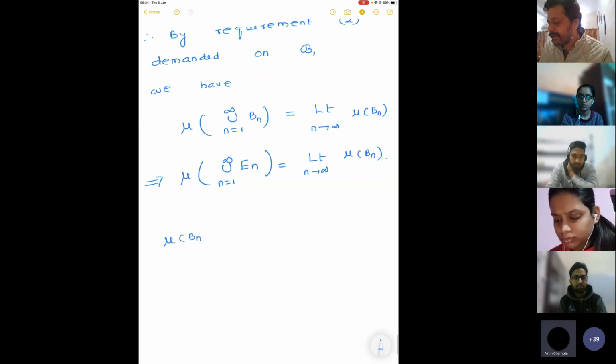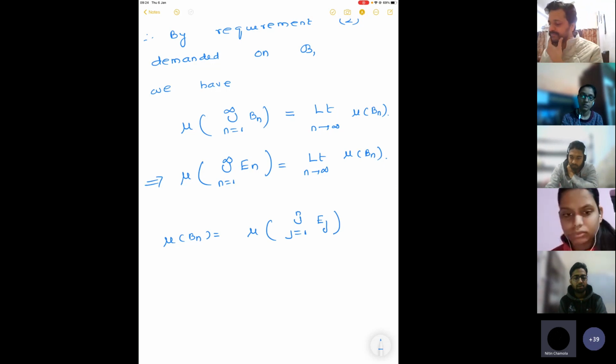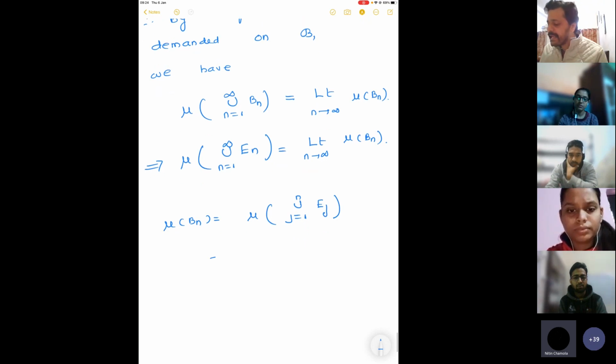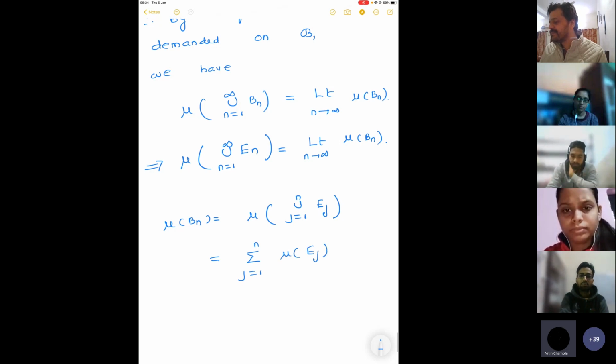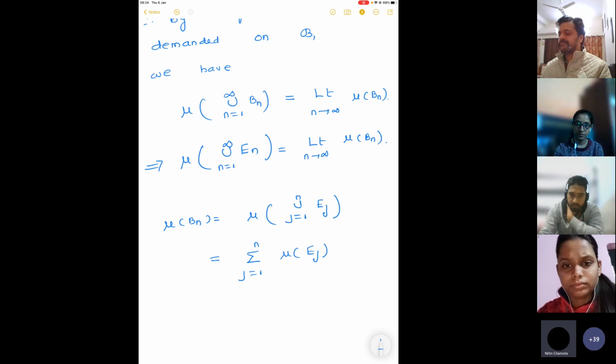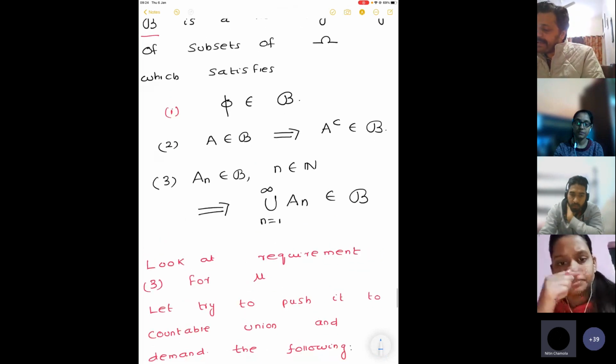Mu of Bn is equal to mu of union j equal to 1 to n Ej. Yes or no? By the definition, yes. And can I write this as summation j equal to 1 to n mu of Ej? The Ej's are disjoint, and for finite union, we have already demanded it.